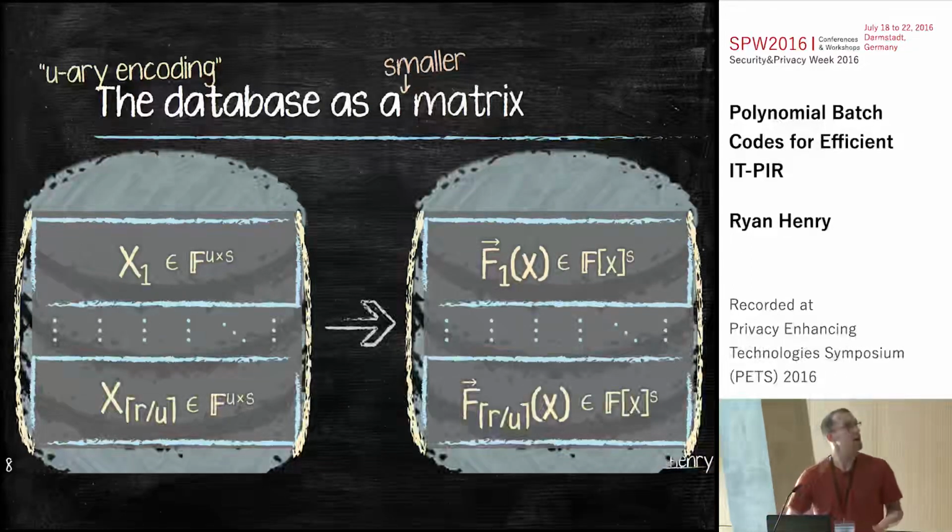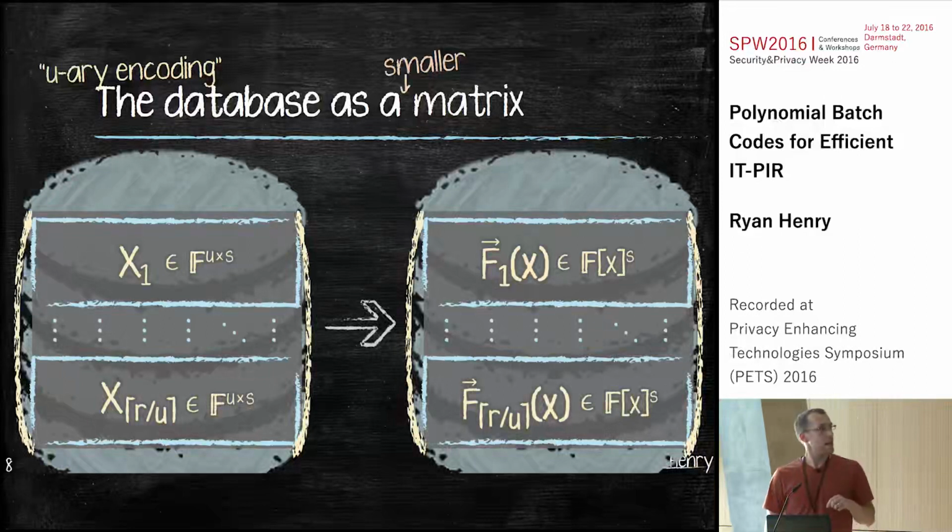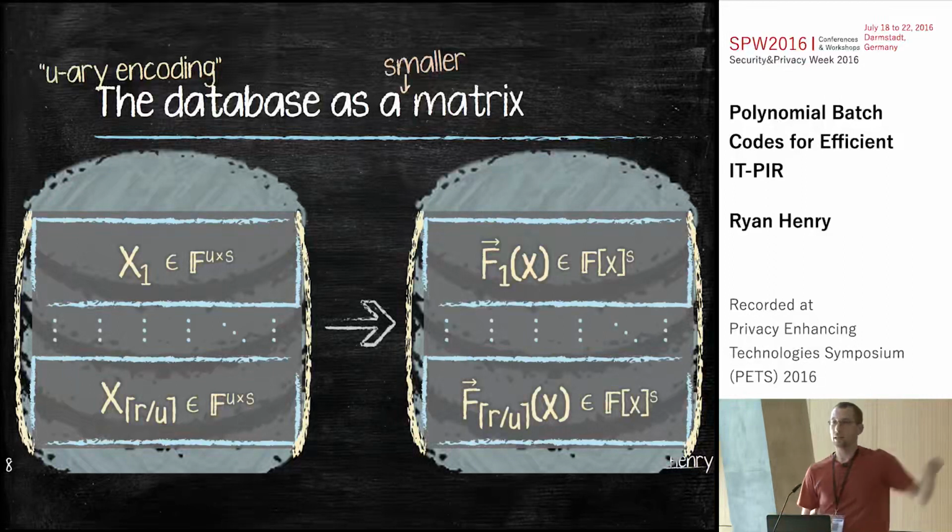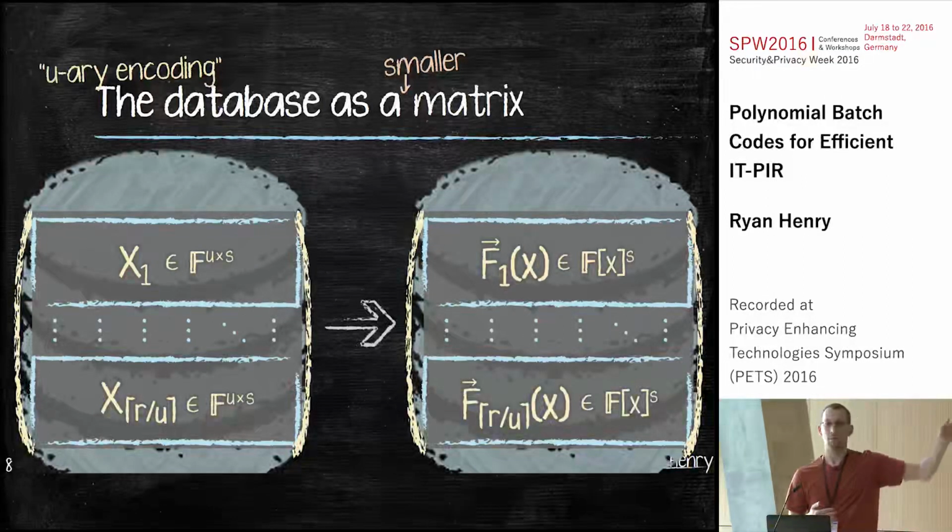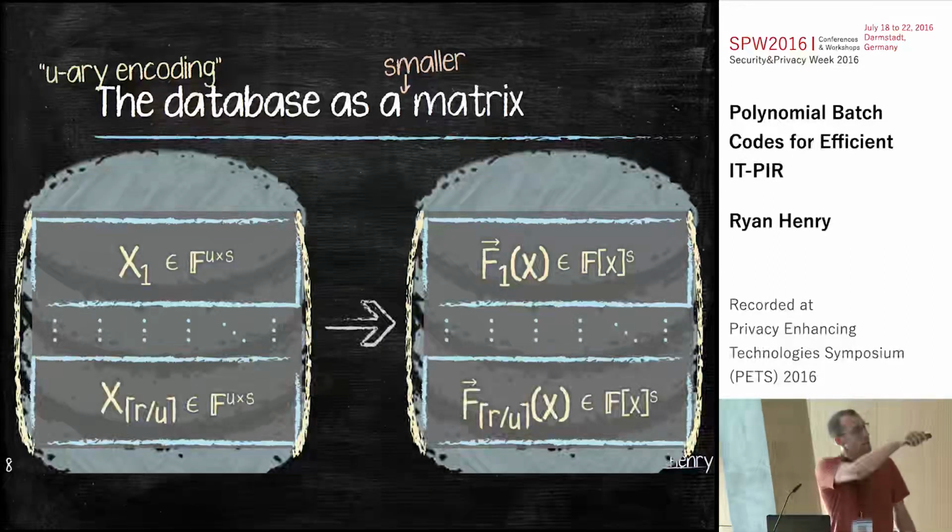Then from there, we are going to take this collection of U by S matrices, and we are going to turn each matrix into a set of ramp shares. And typically you would just set the privacy parameter to 0 here, but there are cases where you might want to set it higher. I won't talk about those, but the paper discusses it a bit. So what we're actually doing here is we're taking one column of this matrix, we're interpolating through it to get a polynomial of degree u minus 1, and that's the first entry here.